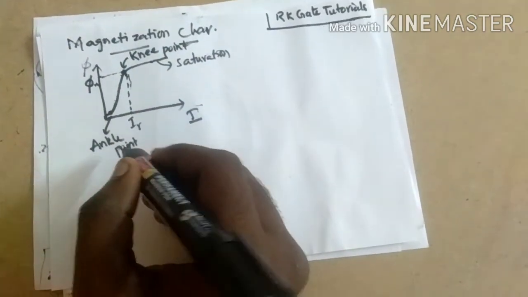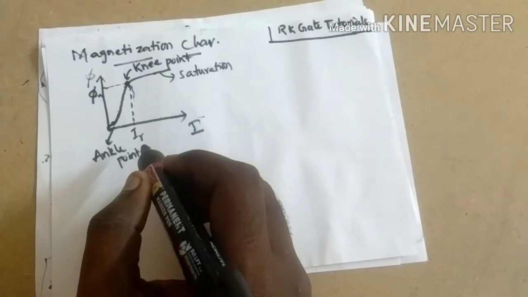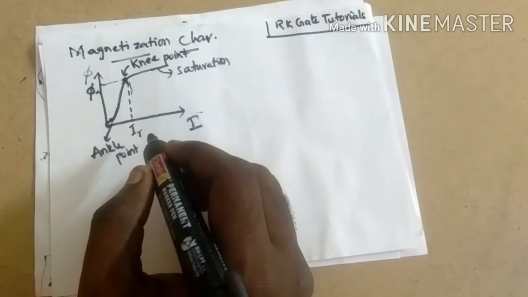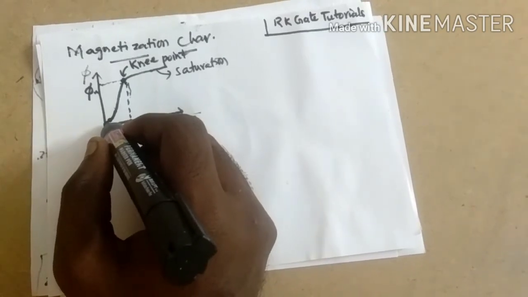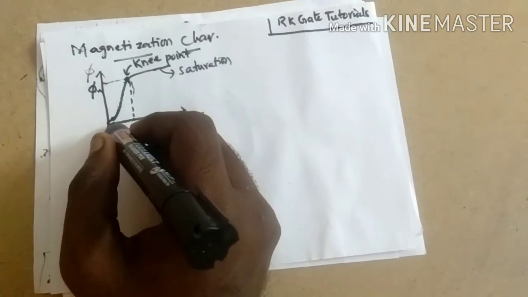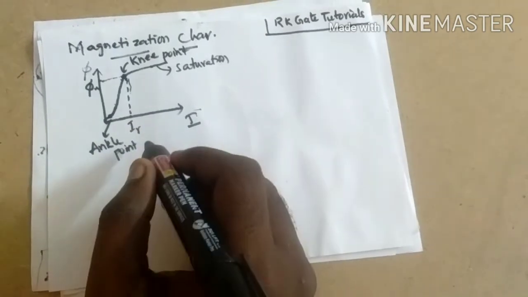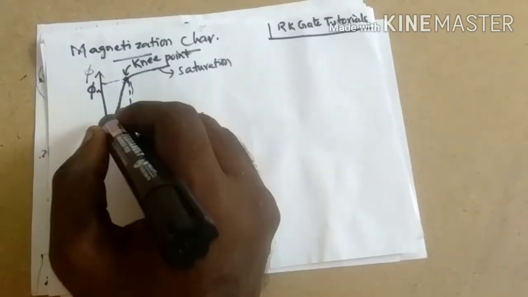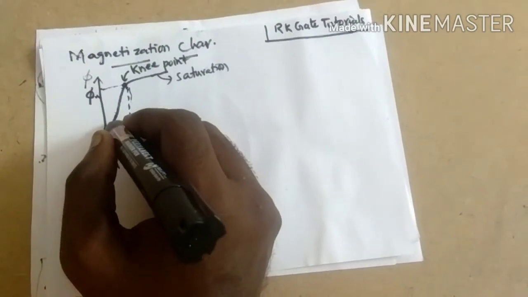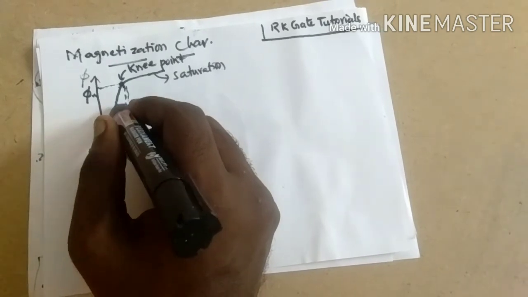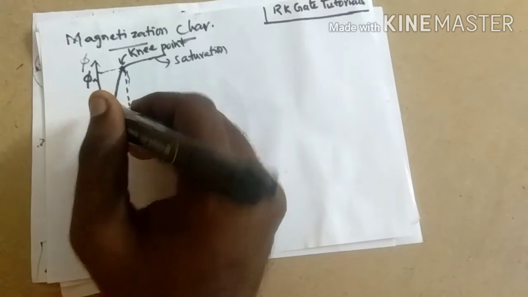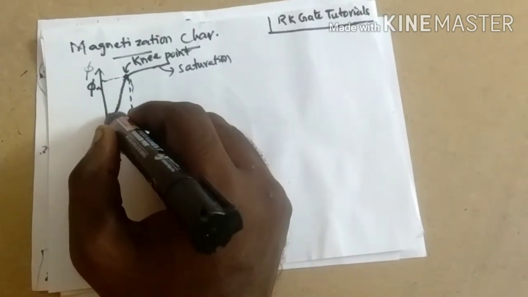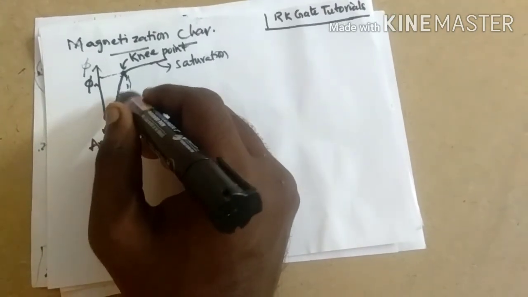Now let us come to the ankle point. What happens to the protection transformer? The protection transformer is designed so that it can operate at the ankle point. Even after the ankle point, if there is a current, it must be read, as that will be the fault current. This will be the set value, and that will be the fault current.